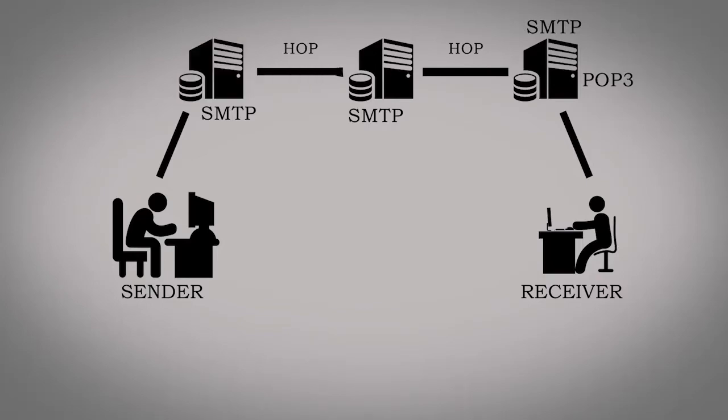The domain name, in the case of my email, is gmail.com. This domain name provides a unique web address called an Internet Protocol address. The SMTP server then proceeds to transfer the email to the recipient SMTP mail server.